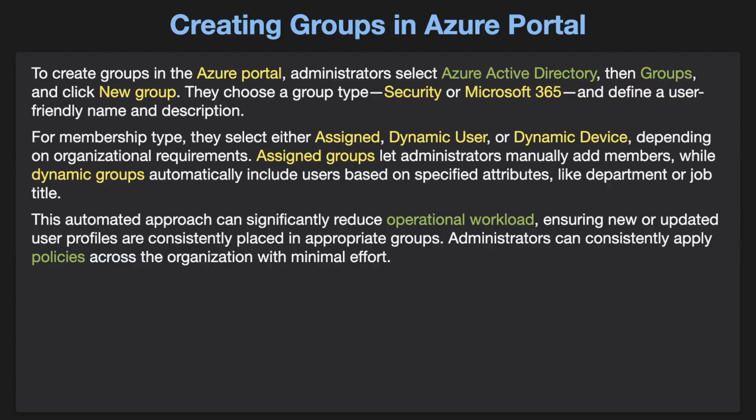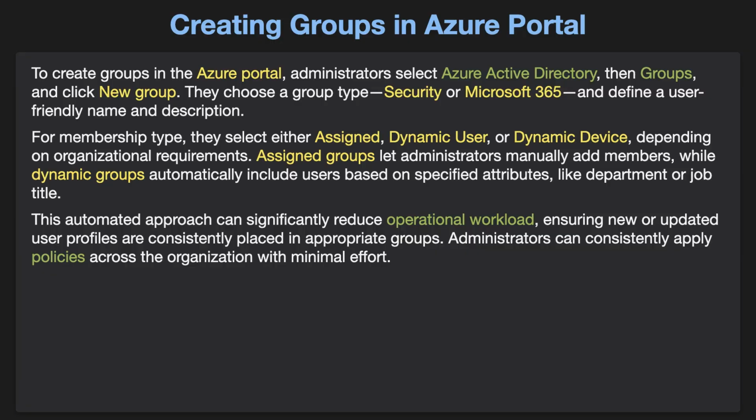To create groups in the Azure portal, administrators select Azure Active Directory, then Groups, and click New Group. They choose a group type, Security or Microsoft 365, and define a user-friendly name and description. For membership type, they select either Assigned, Dynamic User, or Dynamic Device, depending on organizational requirements.